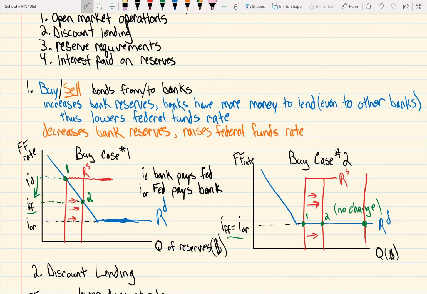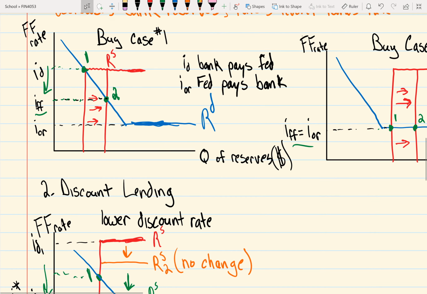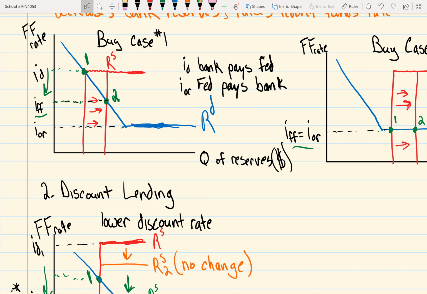First, I think I might have mentioned this in the last video, but I'll say it again here. These don't look like a normal supply and demand graph with a downward sloping demand and upward sloping supply. First of all, the supply curve is actually perfectly vertical. That is because the Fed doesn't operate for profit.